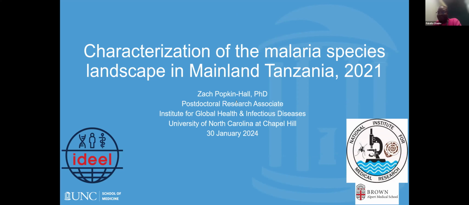Quick bio to introduce our speaker today. Dr. Zach Popkin-Hall is a postdoctoral research associate in the infectious disease epidemiology and ecology lab at the University of North Carolina. His primary research focus is non-falciparum malaria genomics, and he has research collaborations with colleagues in Tanzania, Cameroon, as well as Peru.